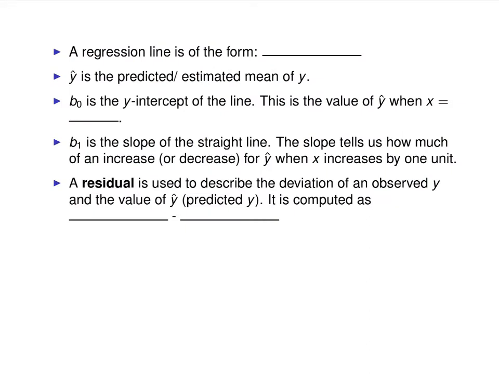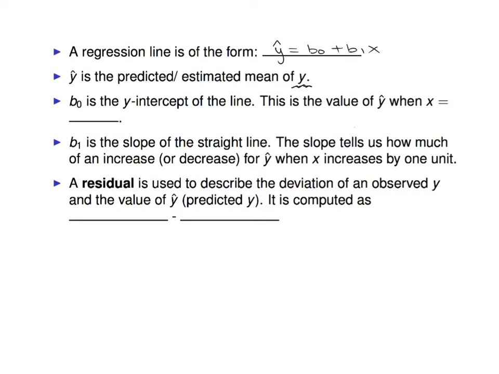So you can do regression and make things that are not straight lines, but that's not this class. That's a different class called Stat 401. But in this class, we're talking just about straight up linear regression. And a regression line is something of the form y hat equals b naught plus b1x. And y hat is the predicted or estimated mean for a specific y value.